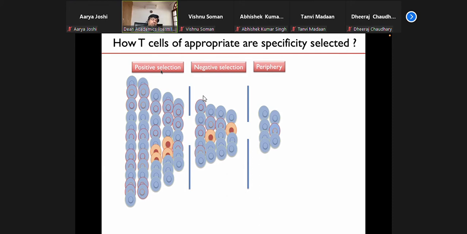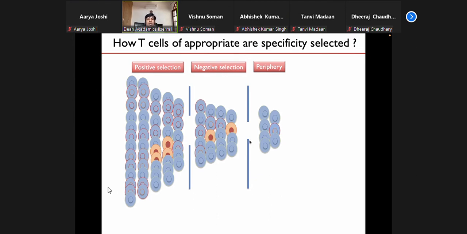What that means is, if you have no interaction, cells die. If you have interaction, cells survive. Negative selection is where the cells are screened for autoreactivity. Autoreactive cells die, foreign antigen reactive cells survive, right?